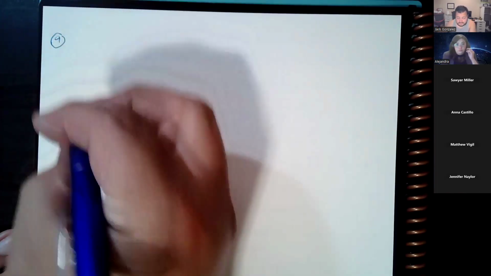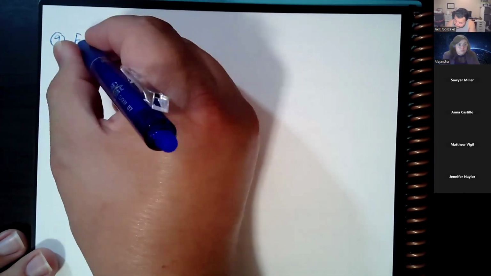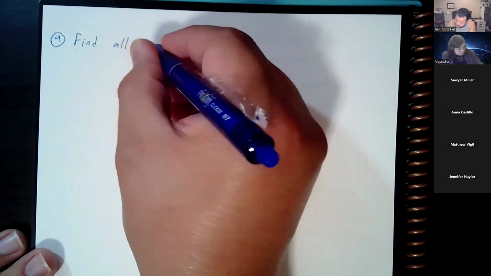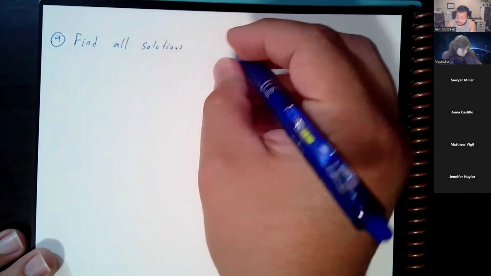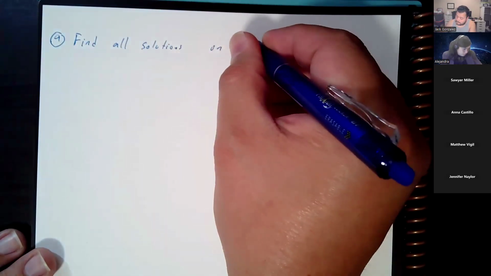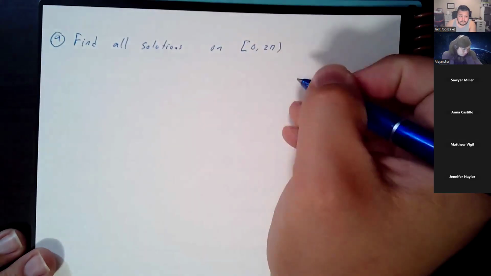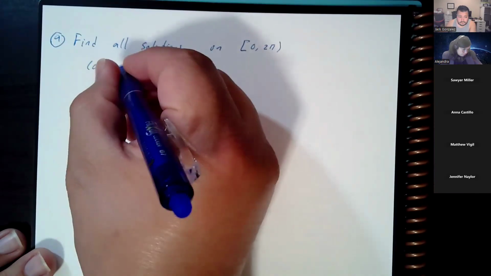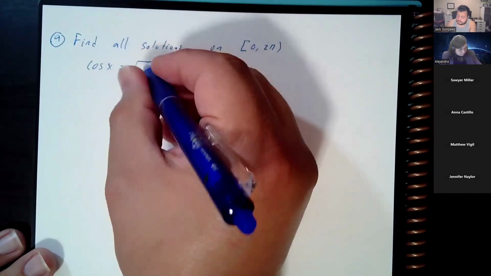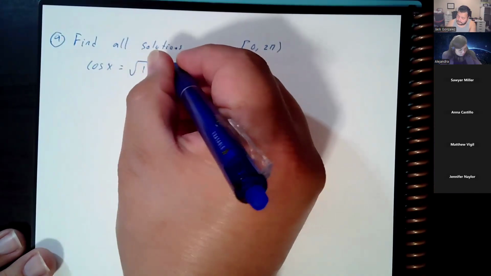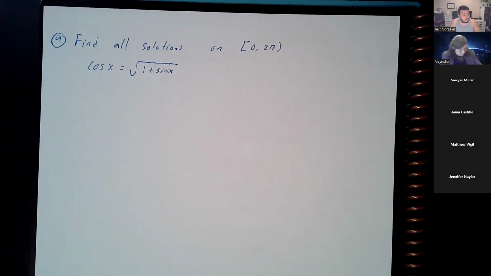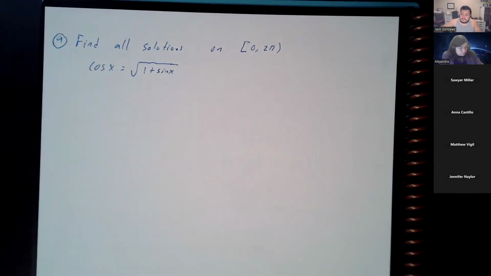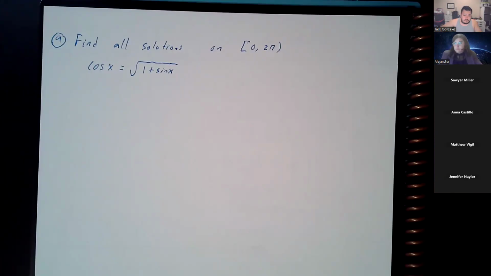Okay, so we're on 8. This one has both. When you look at this, what's your first instinct or approach you want to consider?